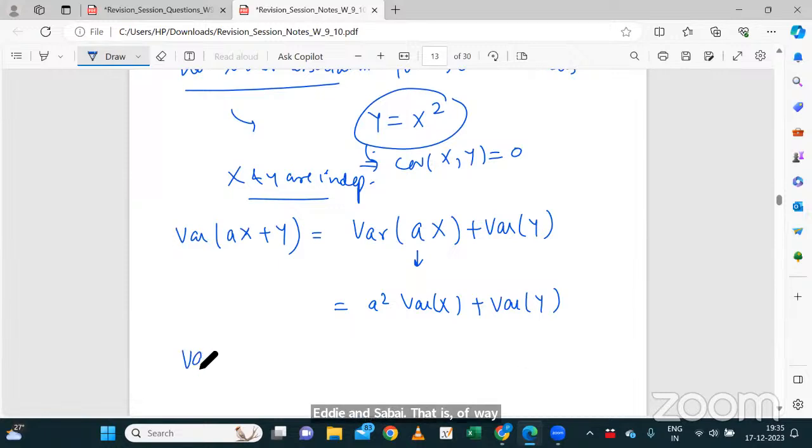Tell me, suppose I am writing the variance of aX minus Y. Then I can apply this linear property, right?